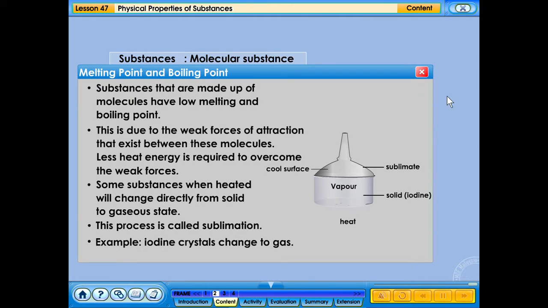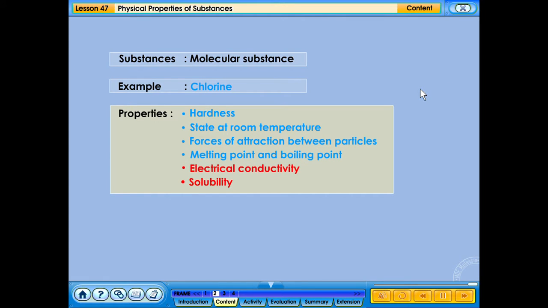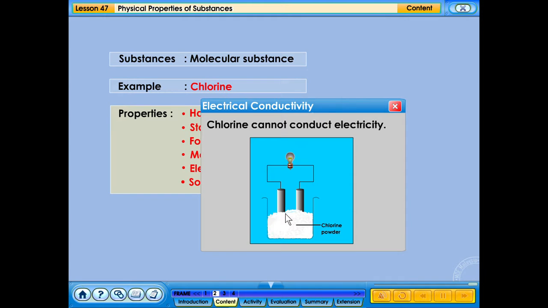Some molecules, such as chlorine, are soluble in water. Chlorine cannot conduct electricity.